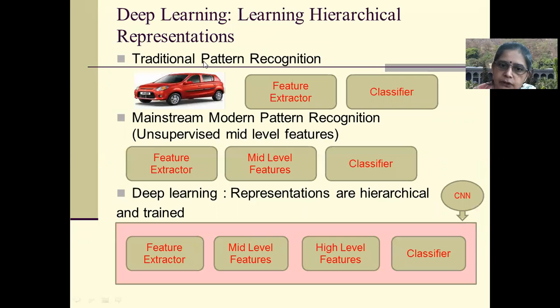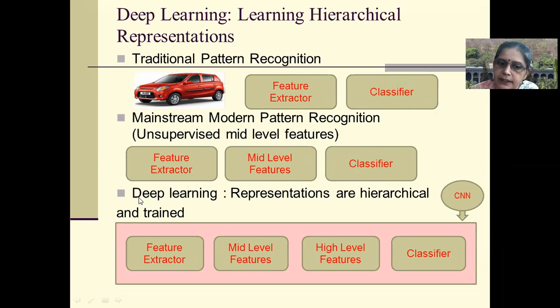So let us have a look at what is the difference between conventional neural networks and deep neural networks. In traditional machine learning algorithms, we use some feature extractor, and then we use a classifier. Then in mainstream modern pattern recognition networks, we use a feature extractor module, then some mid-level features, and then a classifier unit.